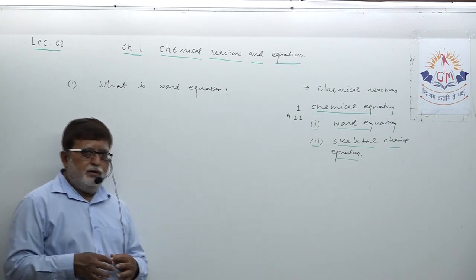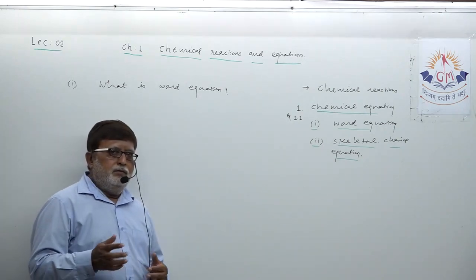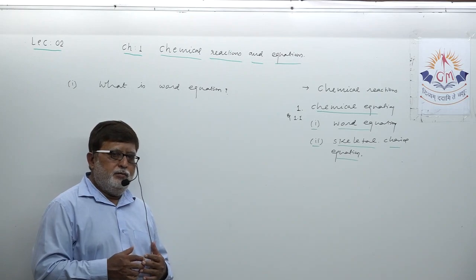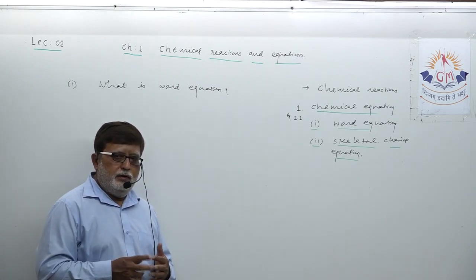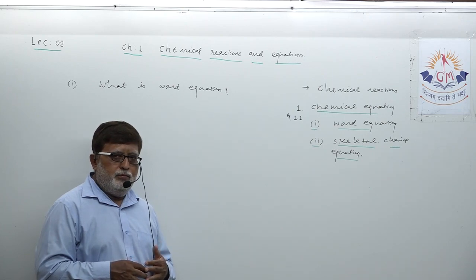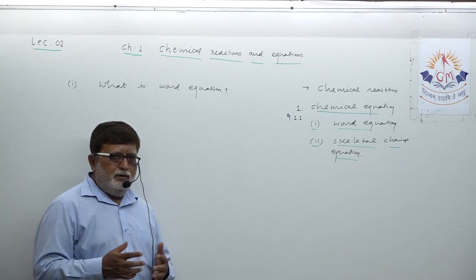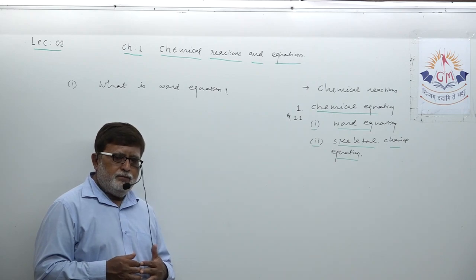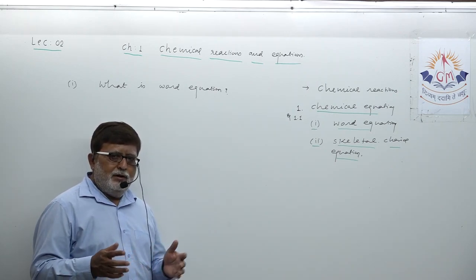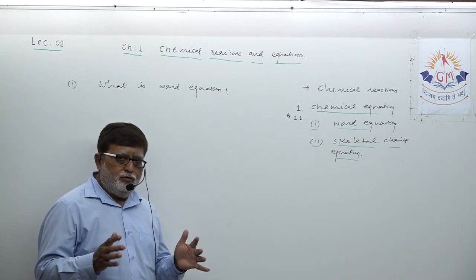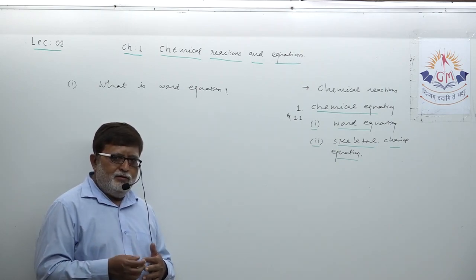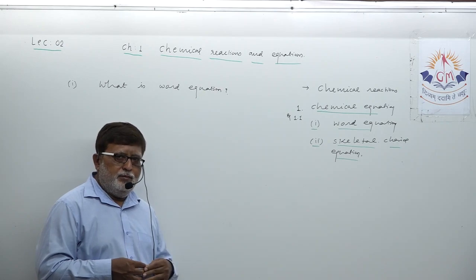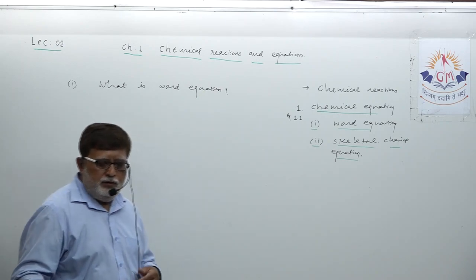Come back to activity 1. When a ribbon of magnesium is burnt in presence of air, it produces magnesium oxide. Is there any way that I can write this in short form rather than giving a large explanation of the chemical reaction taking place?